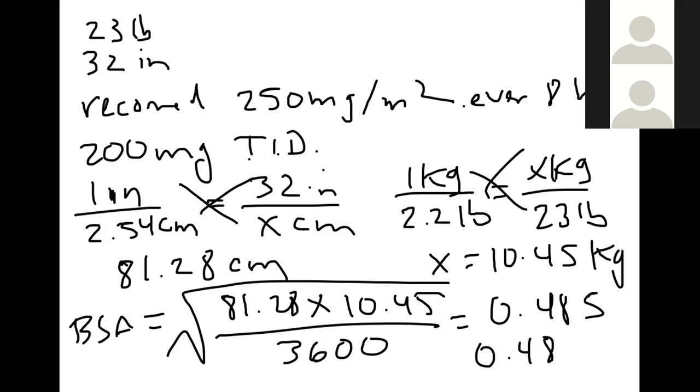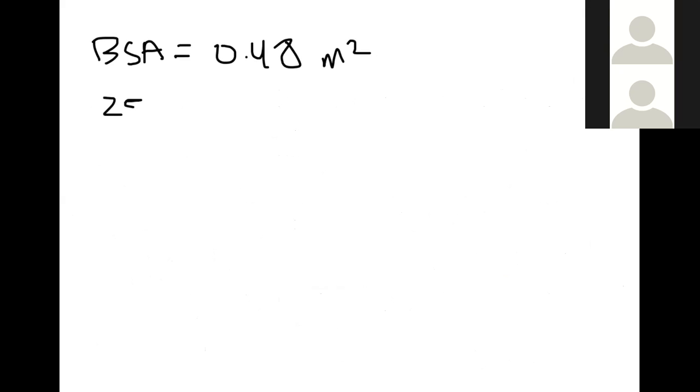So let's rewrite this. So our BSA is equal to 0.48 meters squared. Now the recommended dose is 250 milligrams per meter squared.